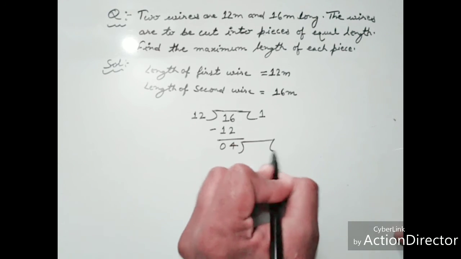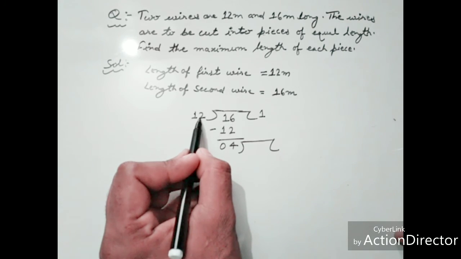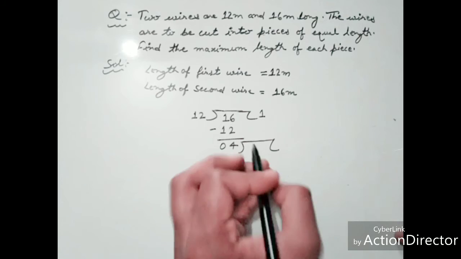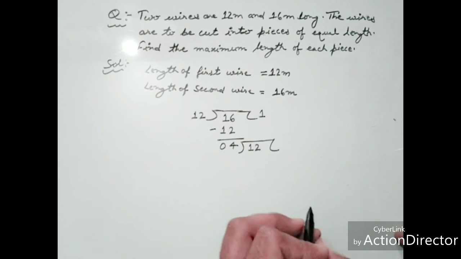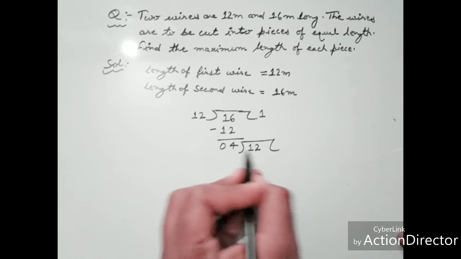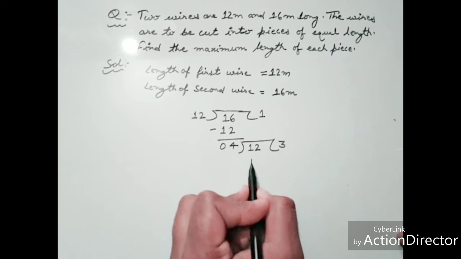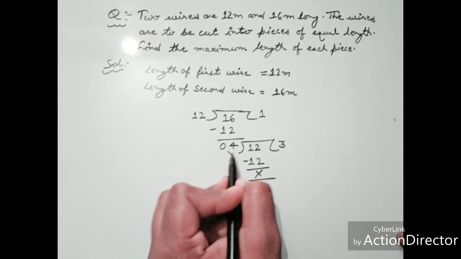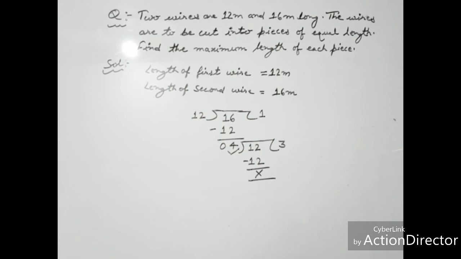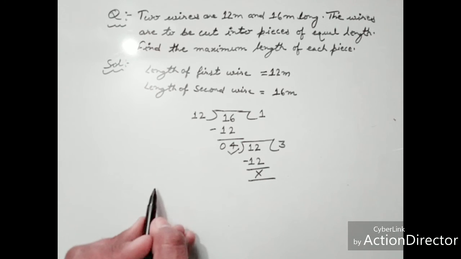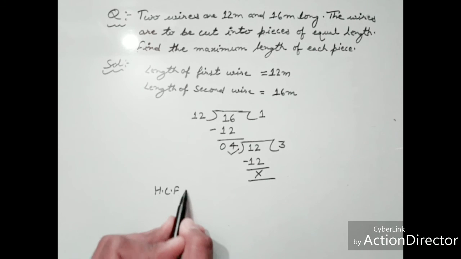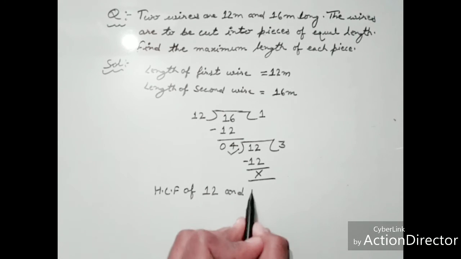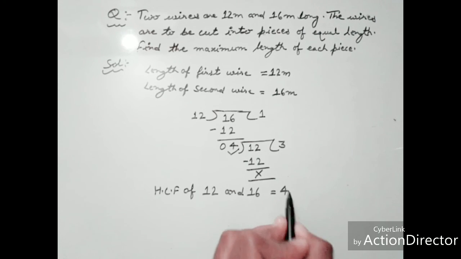Then again here 12 is the dividend and 4 is the divisor. So 4 3s are 12, and the last divisor is the HCF of these both numbers. So the HCF of 12 and 16 is 4.